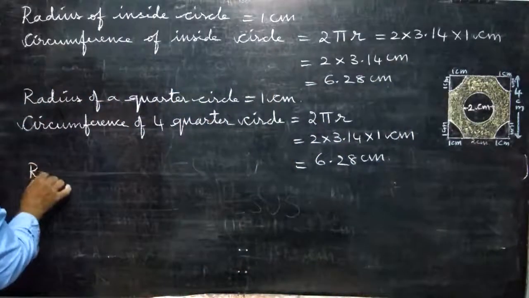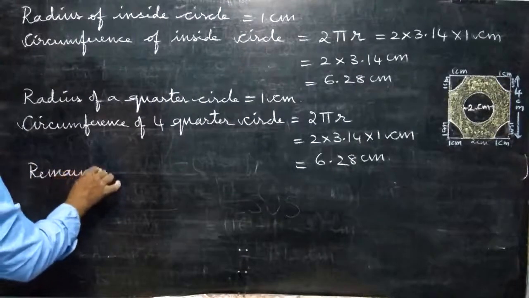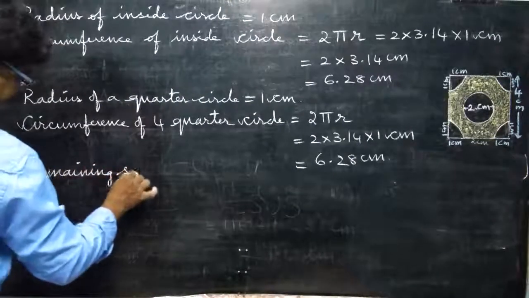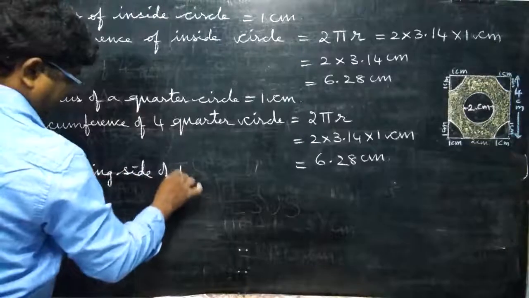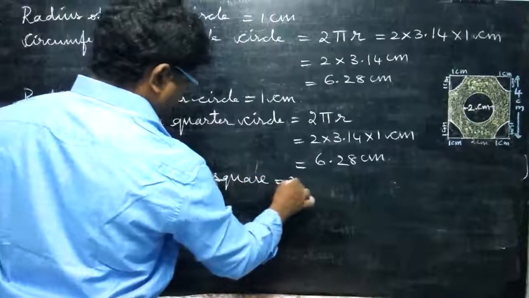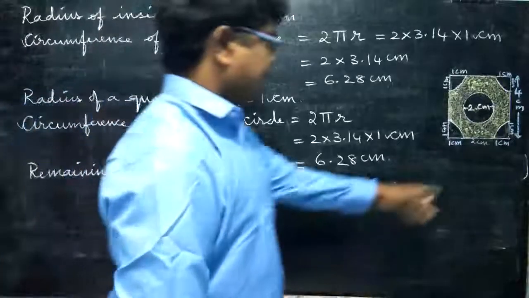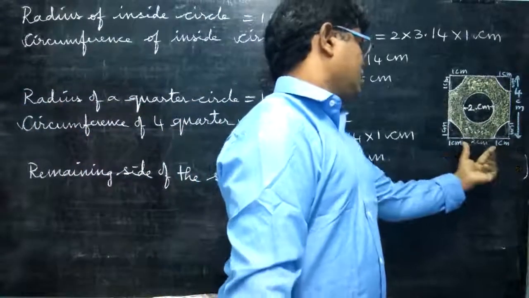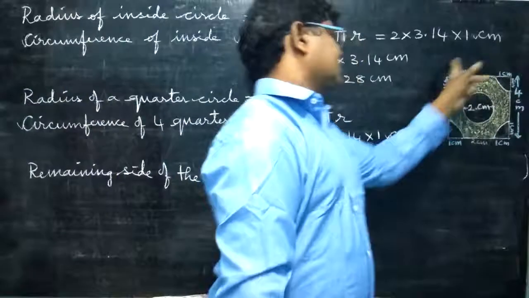Now, here the remaining side of the square is 2 centimeters. How? I showed here 1 centimeter, 1 centimeter; if you remove them, we get 2 centimeters. Like this, 4 sides.